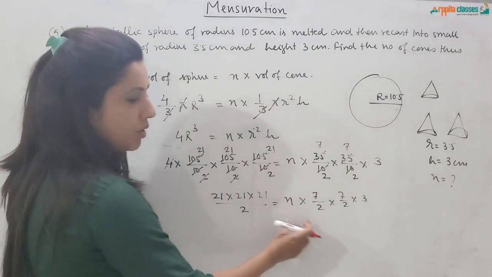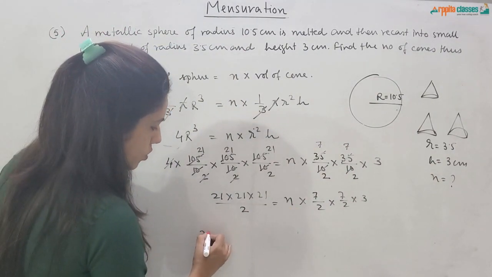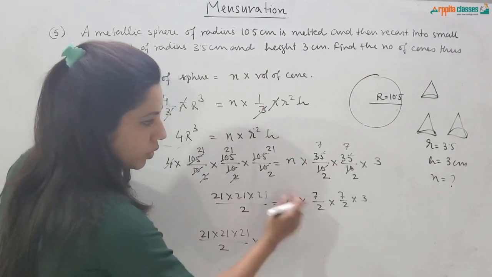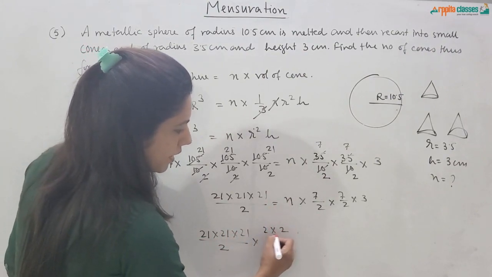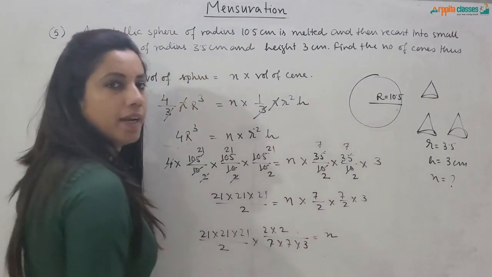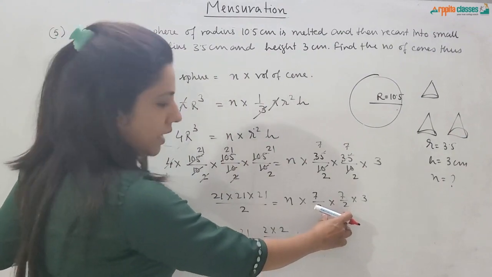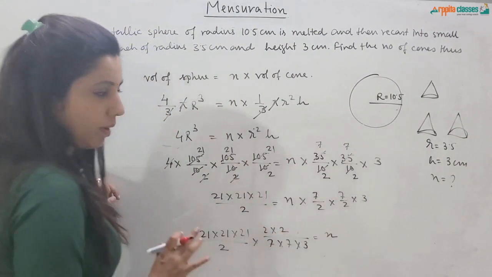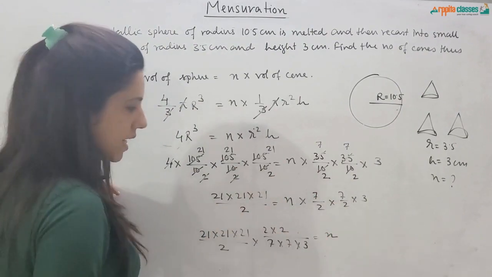Now n we have to find out, so we will get everything this side. So 21 into 21 into 21 upon 2, 2 and 2 will go up, 7 into 7 into 3 will come down, is equal to n. Whatever is in the denominator will go up in the numerator, and whatever is in the numerator will go down in the denominator, because we are changing the sides.